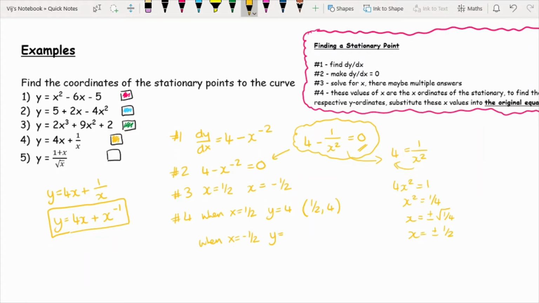So 4 times minus a half plus 1 over minus a half, and that gives me minus 4. So my second stationary point is at (minus a half, minus 4), and there are my 2 stationary points.